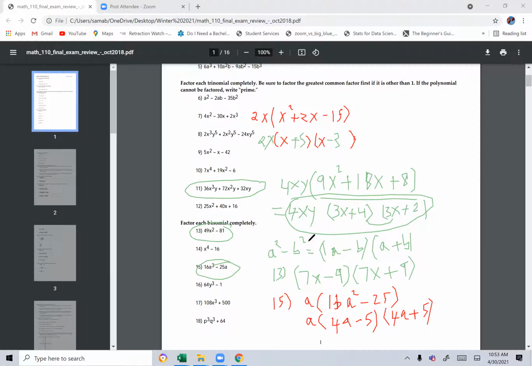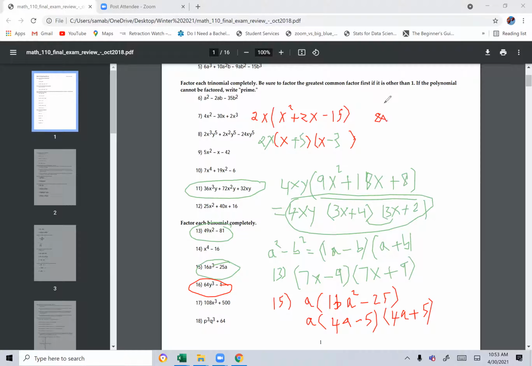Now for the remaining ones, guys, these are the sum of two cubes and the difference of two cubes. For example, 16 looks like a difference between two cubes, a cubed minus b cubed, and here is the formula.